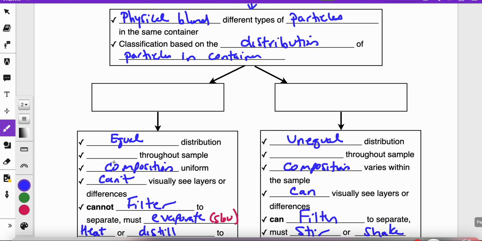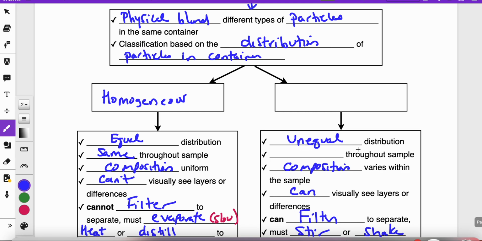So when particle distribution is equal, the composition is uniform. So the sample seems to be exactly the same throughout. We refer to this as a homogeneous mixture.